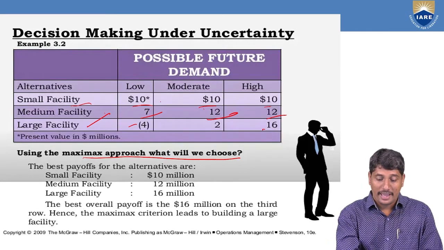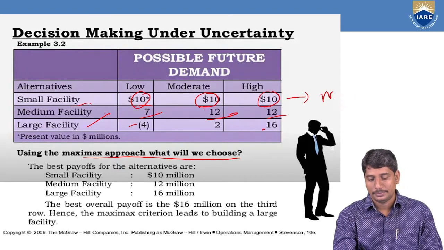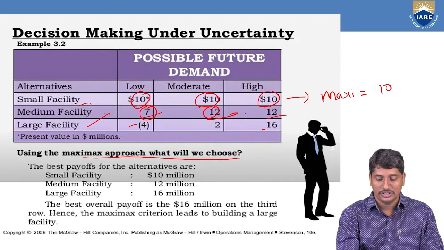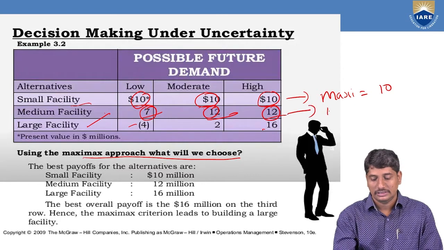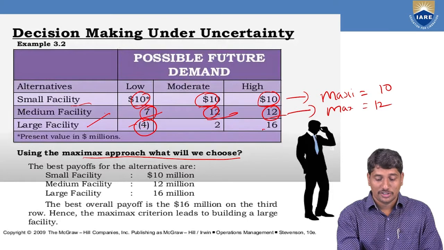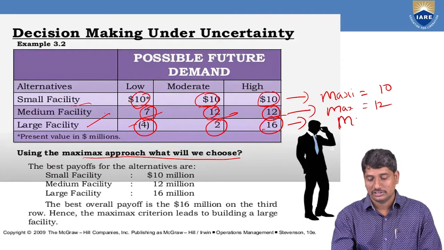First, we'll select the maximum of these three numbers. What is the maximum? That is $10. And in the second row, what is the maximum of these three numbers? That is $12. And in the third row, what is the maximum? $16.